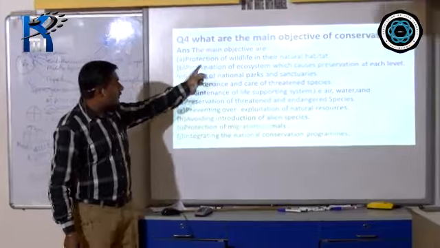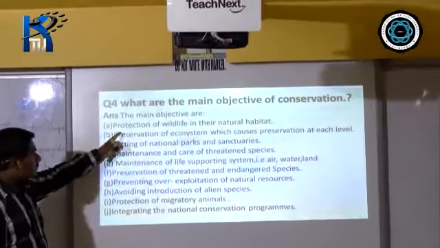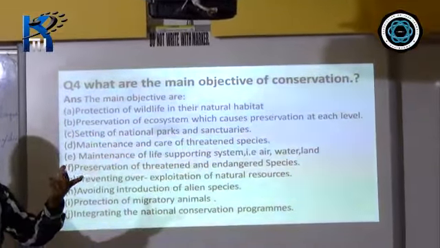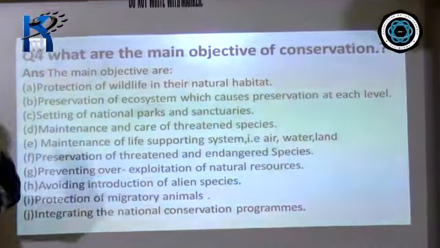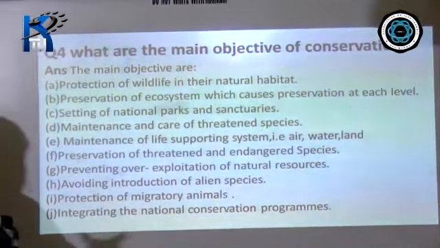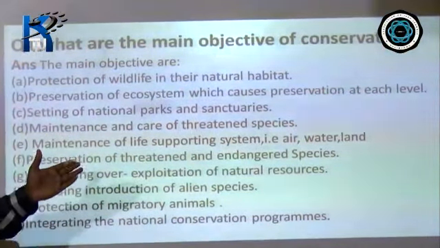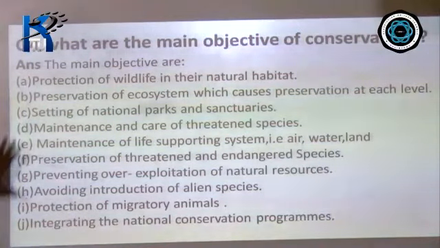Like here you are writing protection of wildlife in their natural habitat. Another sentence, suppose you are writing protection of wild animals, sounds the same thing. Protection of plants, sounds the same thing, but protection of flora, fauna, animals, birds, you just make a long sentence. You add up with so many sub-parts. End up with what?